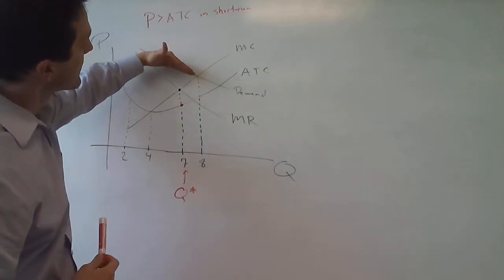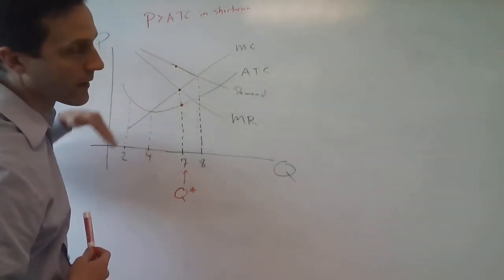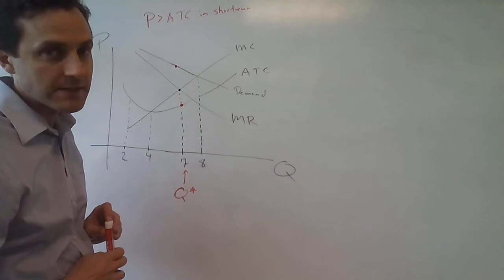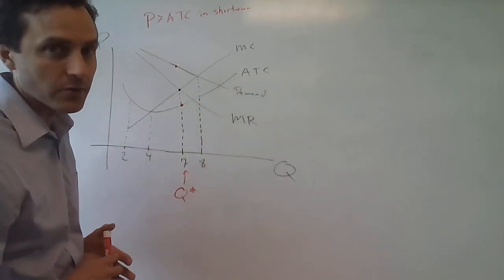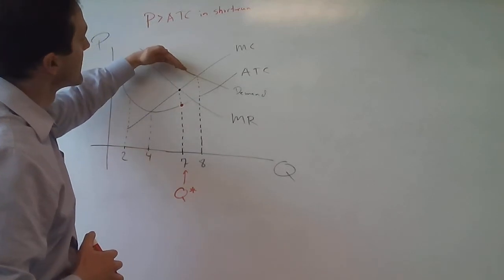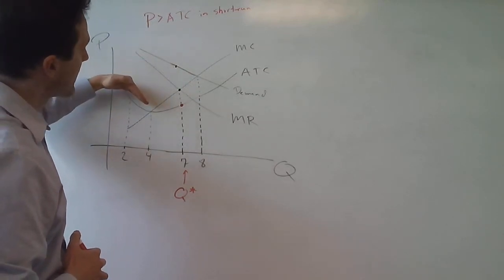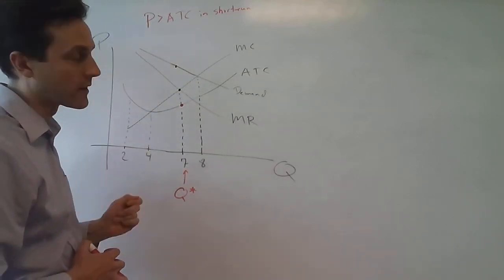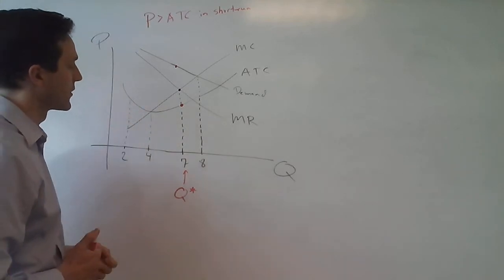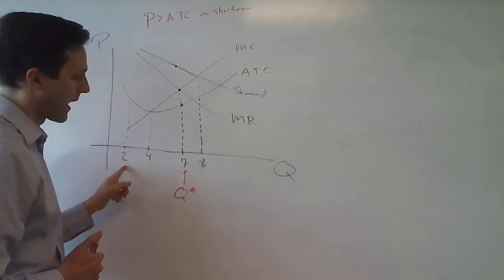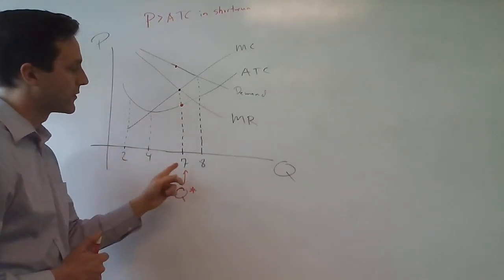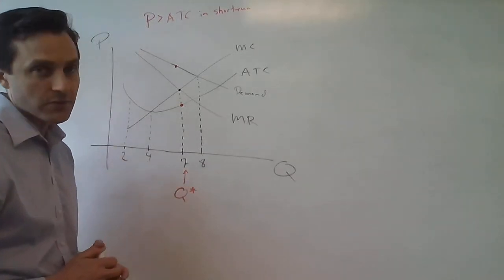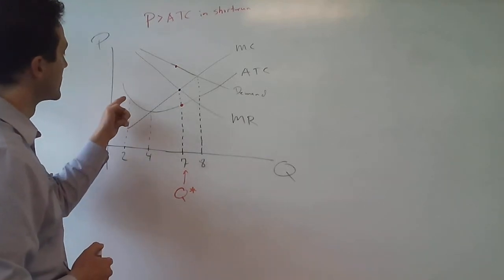If demand is going to decrease enough in the long run to where price equals average total cost, so the demand curve is tangent to the average total cost curve, then since demand is downward sloping, that tangency has to occur where average total cost is downward sloping. And out of all 4 of these quantities, the only one where average total cost is downward sloping is at 2.